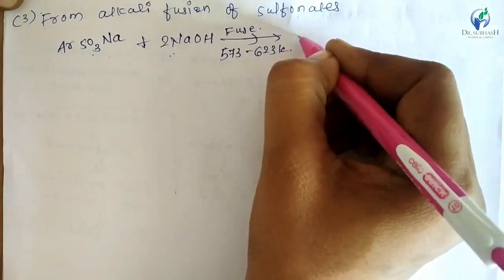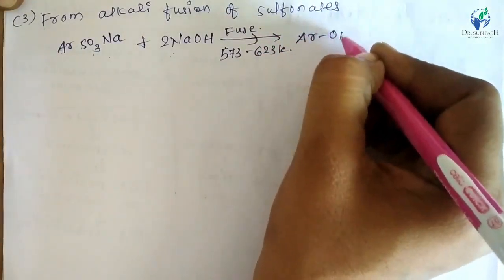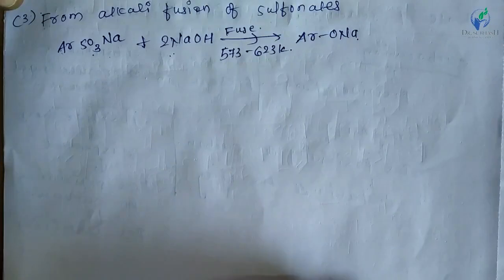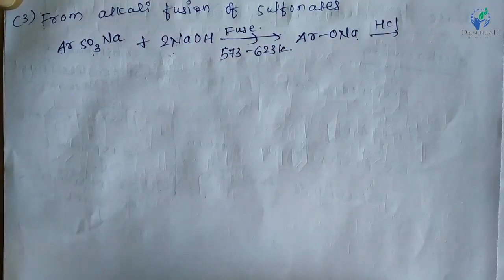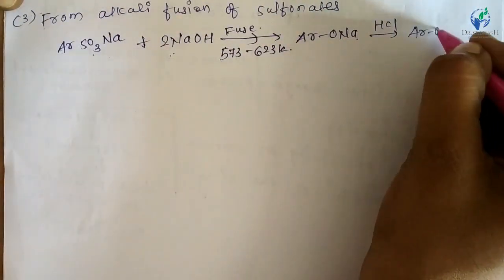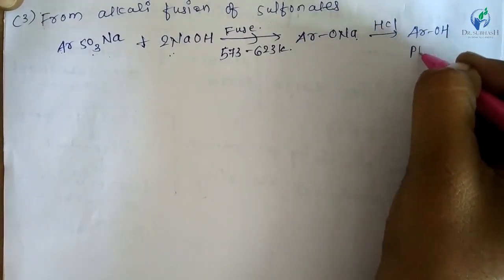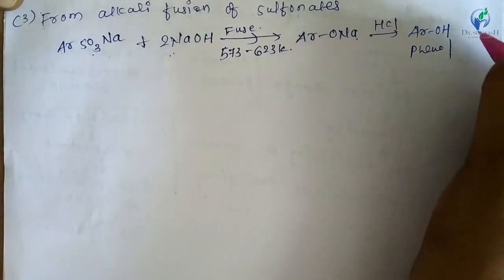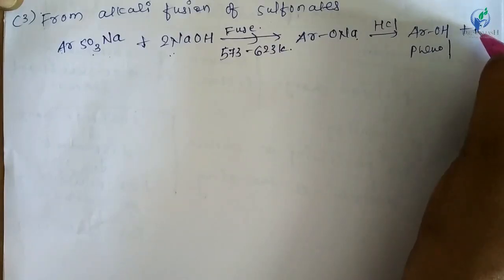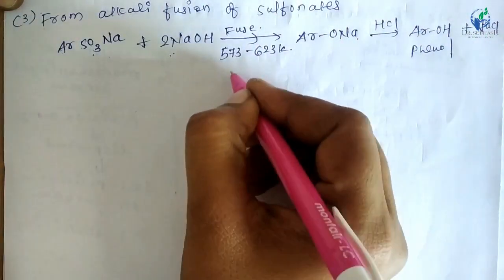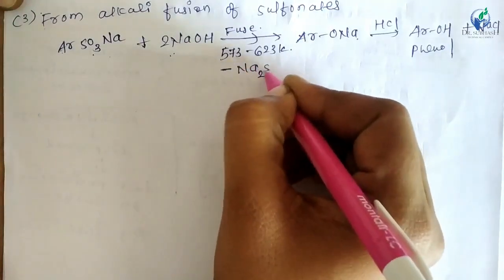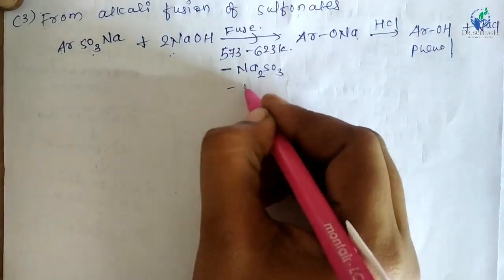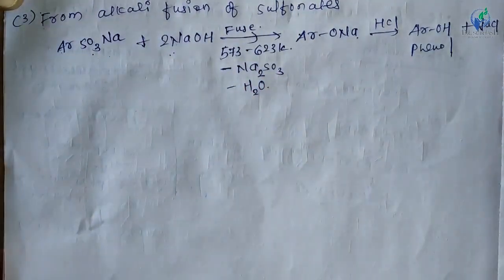It gets fused and produces the sodium salt of phenol, that is sodium phenoxide. On acidification, it will produce the phenol and releases sodium chloride. Here it also releases Na2SO3, that is sodium sulfite, and a water molecule.